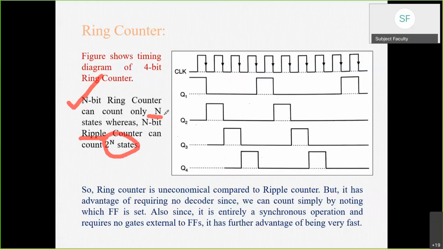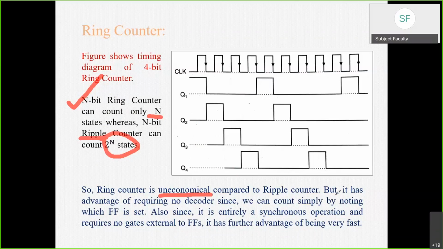Only 3. But if you are using a 3-bit ripple counter, you will get 2 raised to power 3, that is, a total of 8 states. So you can clearly state that ring counter is quite uneconomical compared to ripple counter.